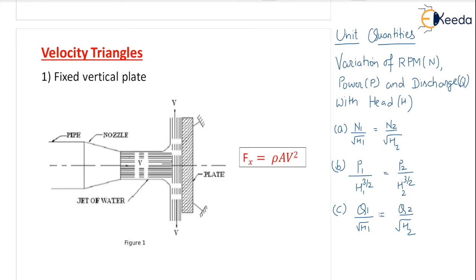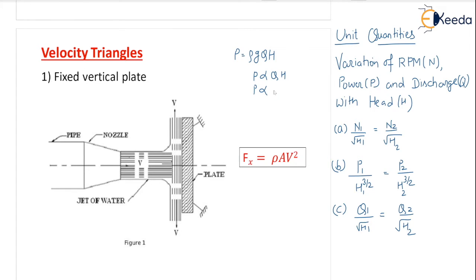Now, if you want to know how we got this relation, we have one example you can see. You know the formula: power equals rho g Q H. So power is proportional to Q and H, since rho g is constant.